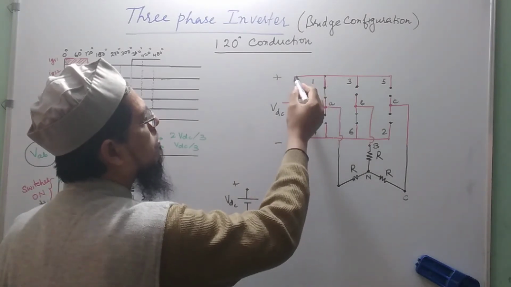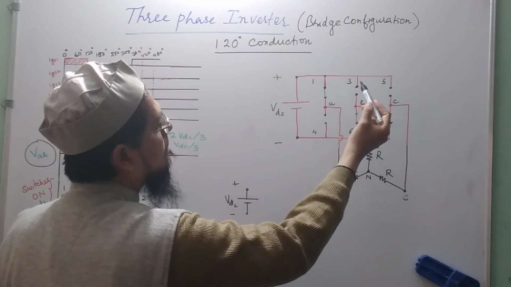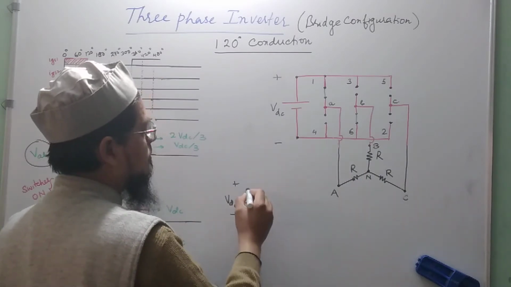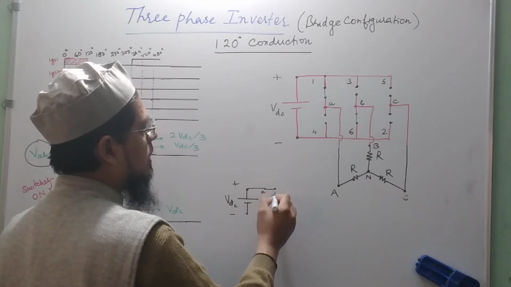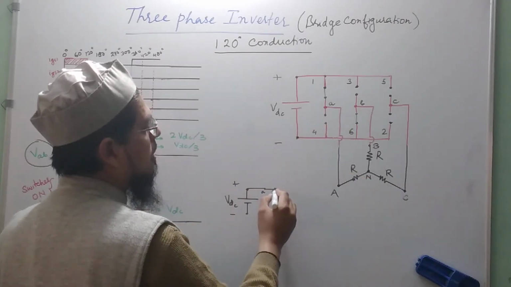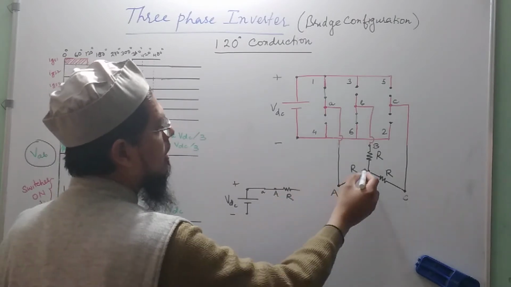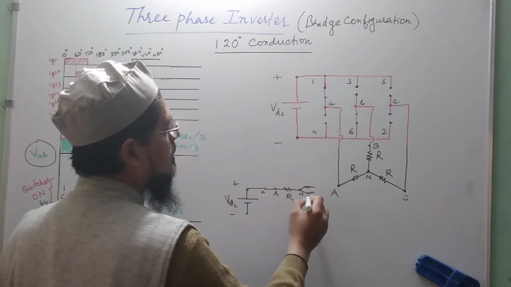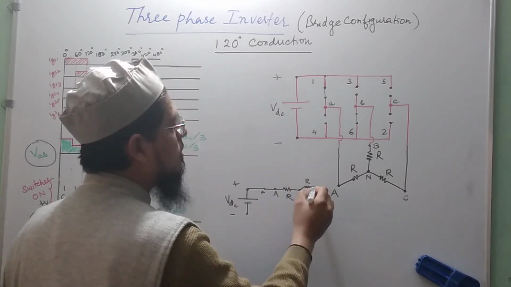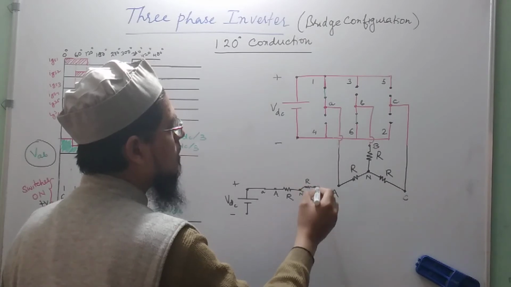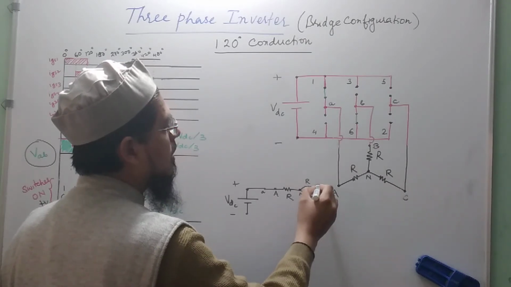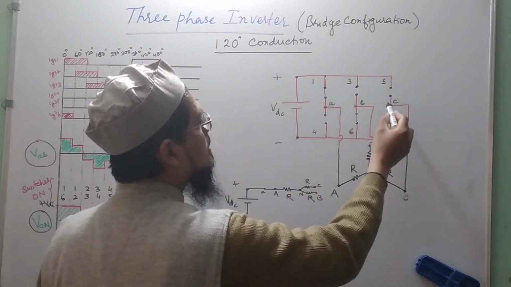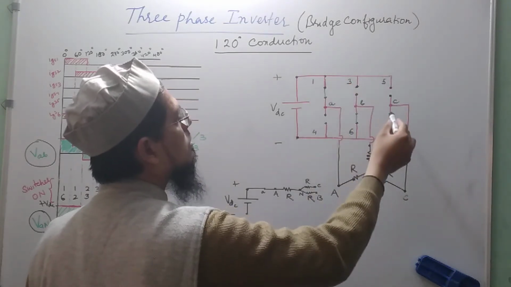Let us move from the plus point: from switch 1, then small a, to capital A, and then there is a resistor R, and at the neutral point there is a bifurcation into R and R, and this point is your B, and this point is your C. You could see clearly that C is not connected either to plus or to minus.